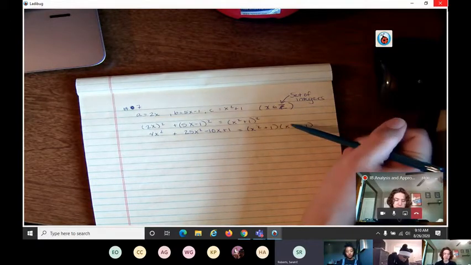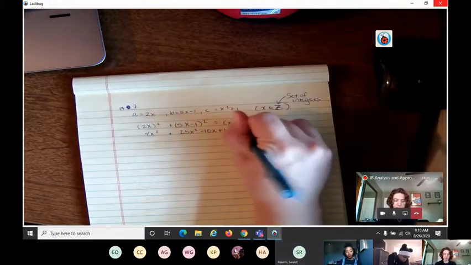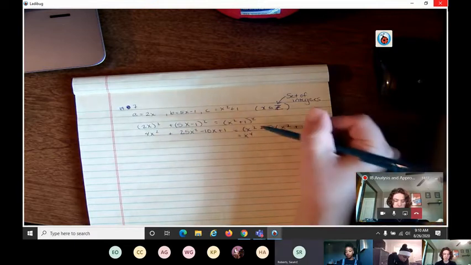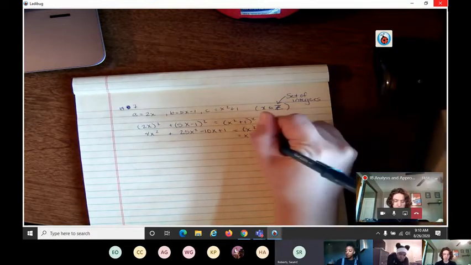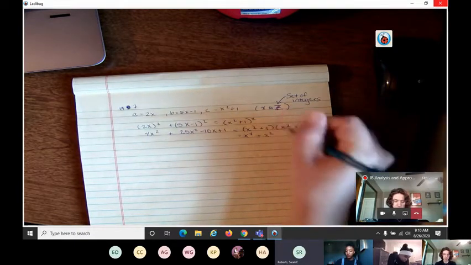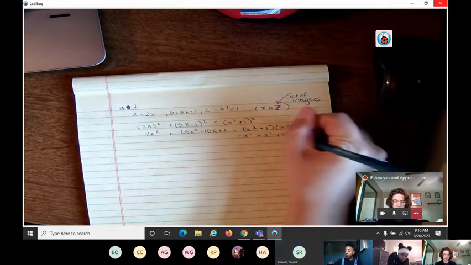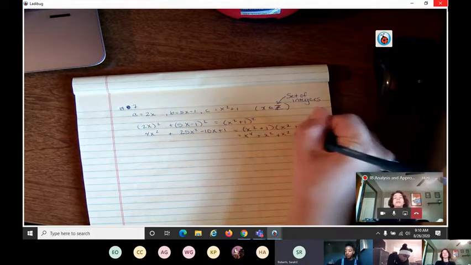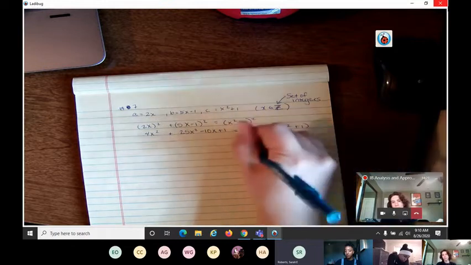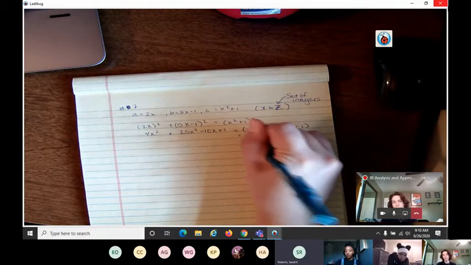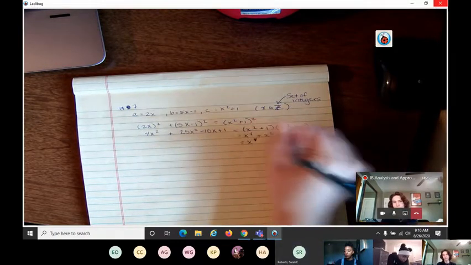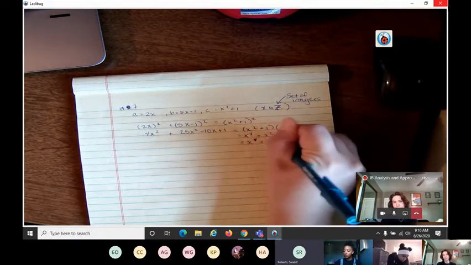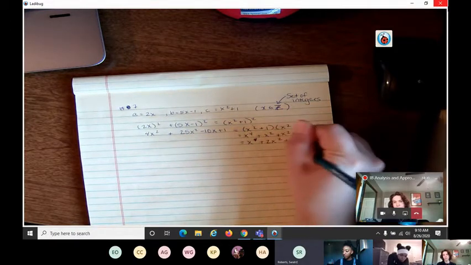We take the x squareds and multiply them. We take that and multiply by 1, multiply by 1, and then multiply the ones together. We should end up with x to the 4th plus 2x squared plus 1.